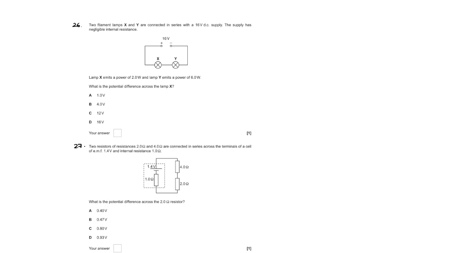In question 26, we are given two filament lamps X and Y, which are connected in series with a 16 volts power supply, and the supply has a negligible internal resistance.